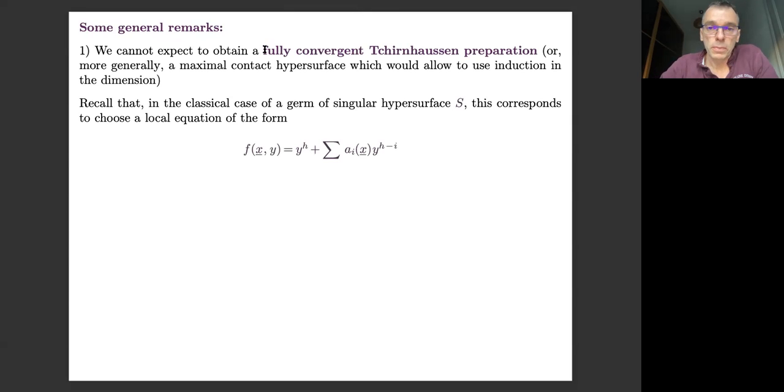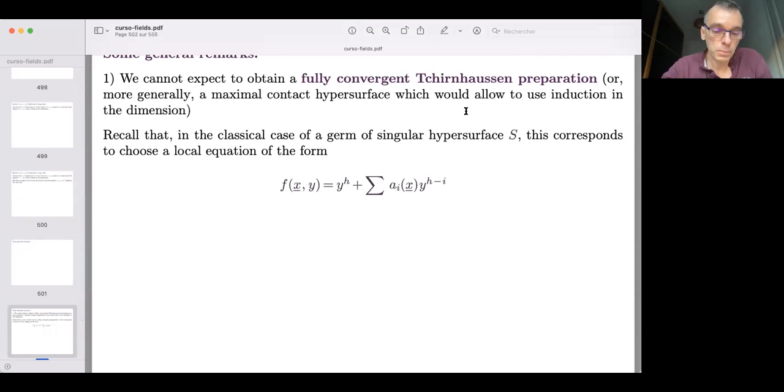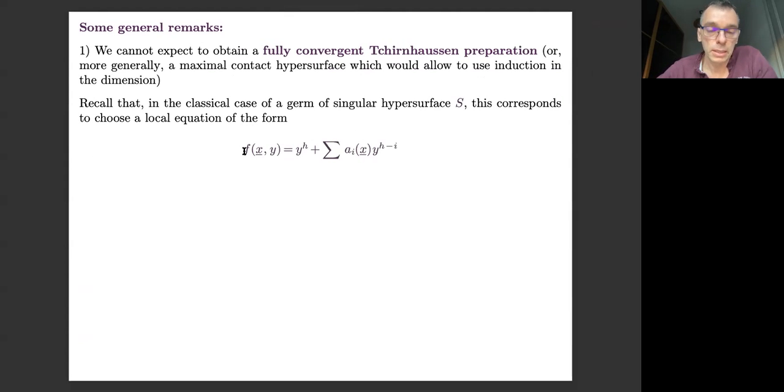I claim that essentially the maximal contact situation is what you obtain by what people call the Tschirnhausen preparation. So I recall very briefly what this is all about. Suppose that you have a germ of a singular hypersurface in, let's say, any dimensional ambient space, generated by the zero set of such a function f like this.